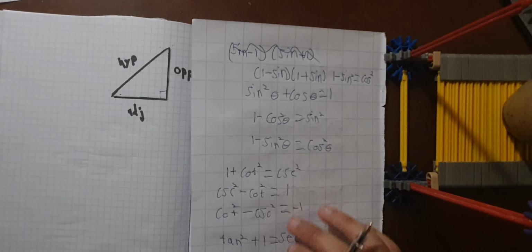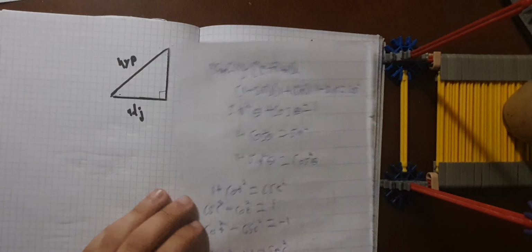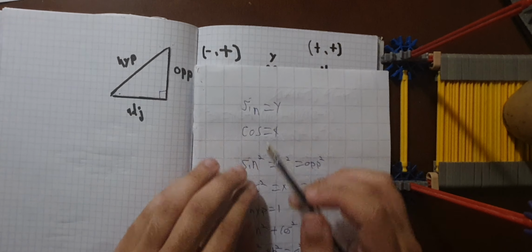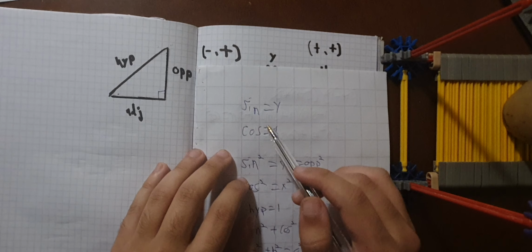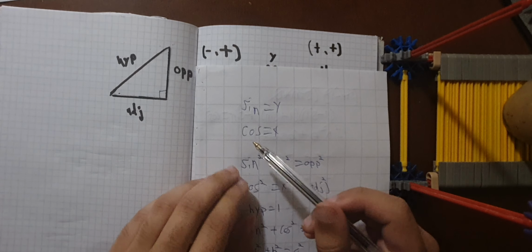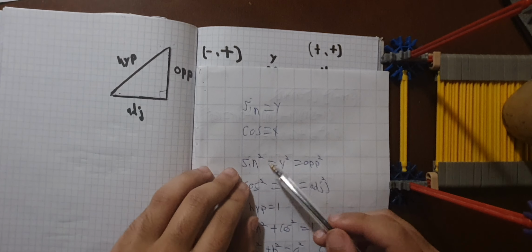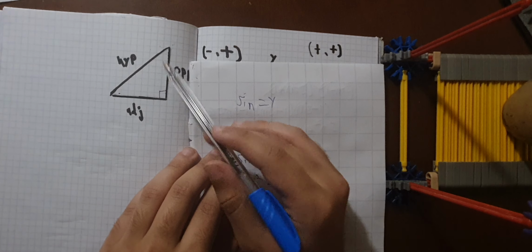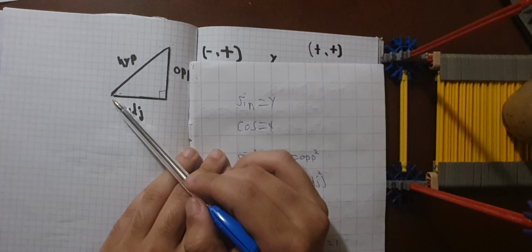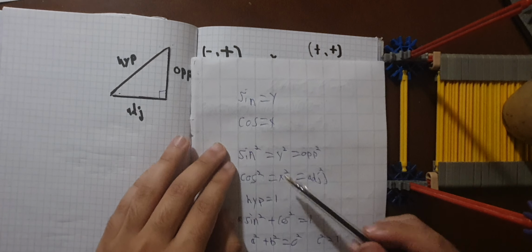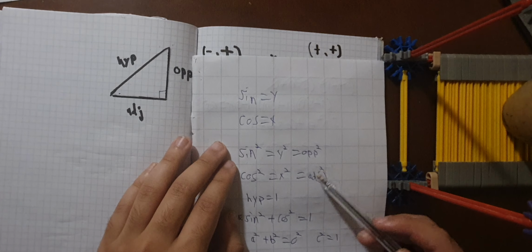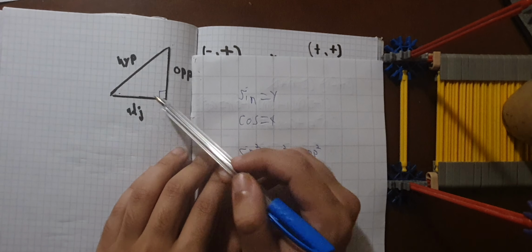Now let's go to the bonus part. So we know that sine is equal to y and cosine is equal to x. And so sine squared is equal to y squared, which is equal to the opposite side if we are using this angle. And cosine squared is equal to x squared, which is equal to the adjacent side squared.